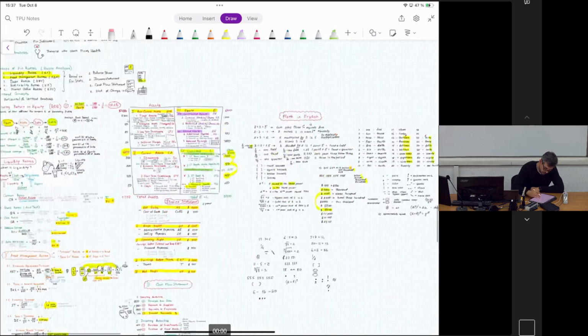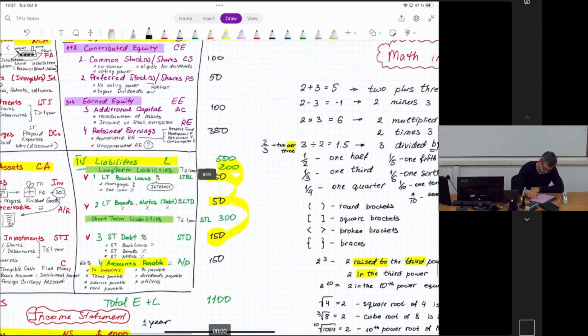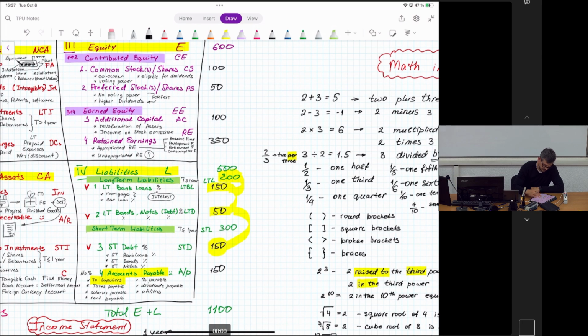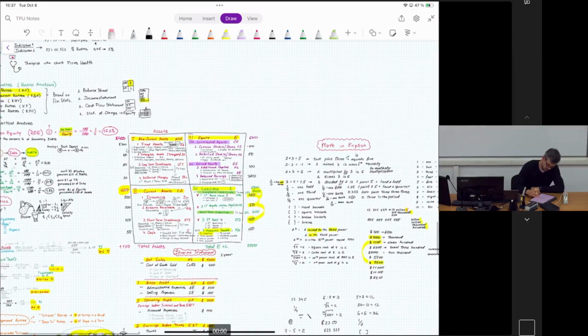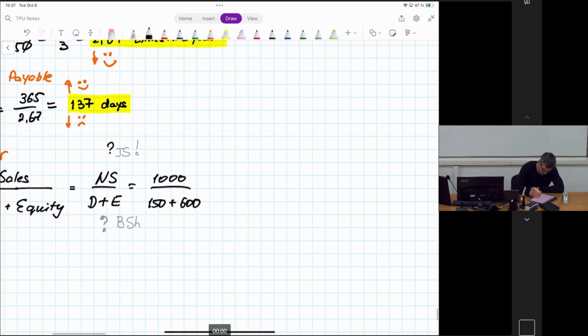I confused something for a moment, but we found it out. So that gives us 1,000 divided by 950.